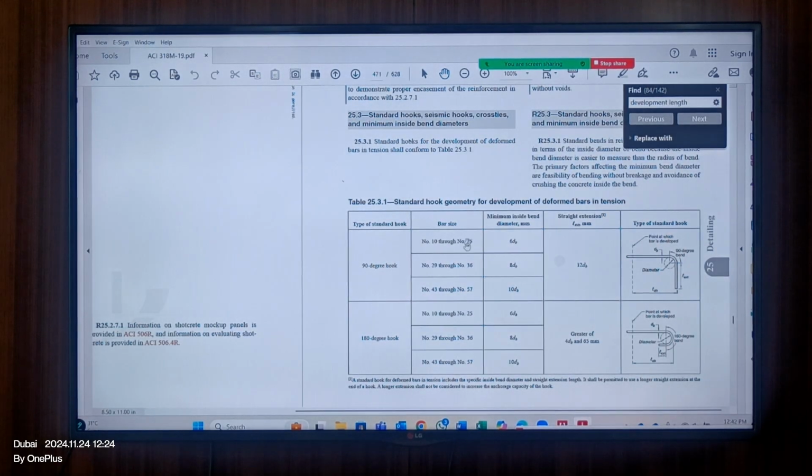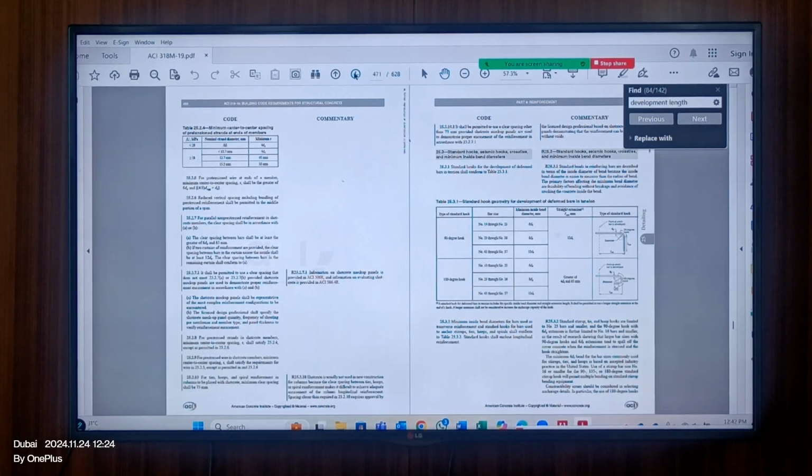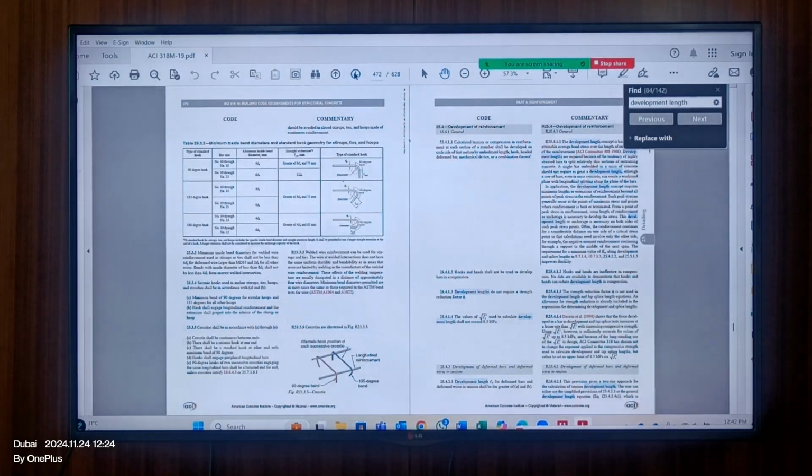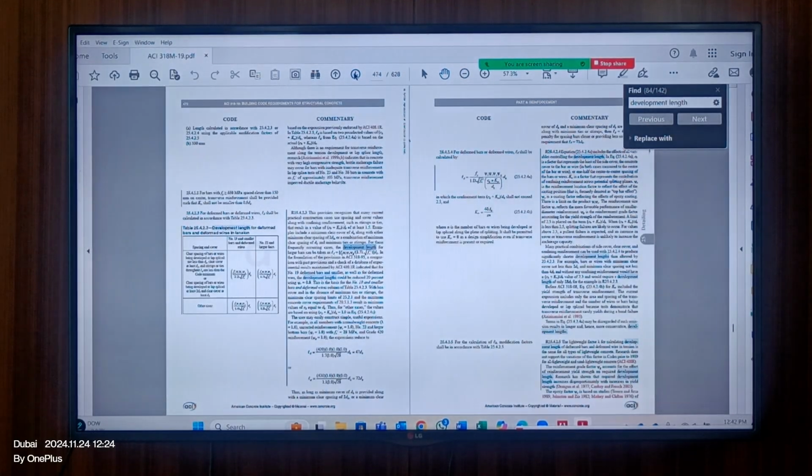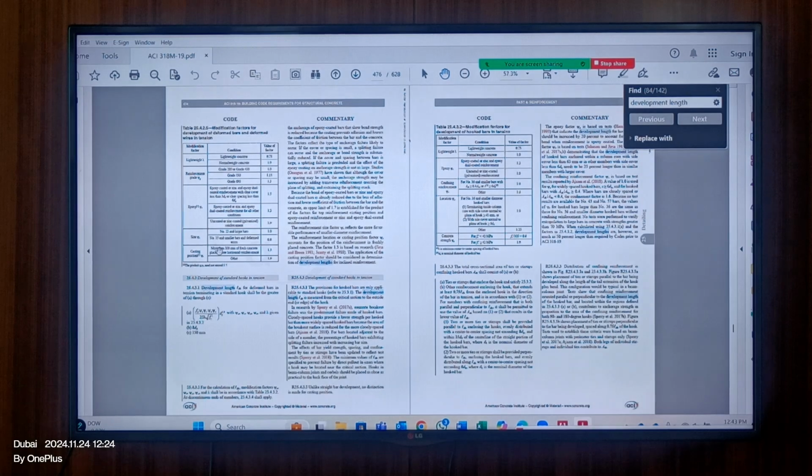For all the rebars, this is common. Let me go to the next page again. Yeah, so there are two sets of equations: one set for the straight, another set for the hook. Okay, now coming back to the splice.